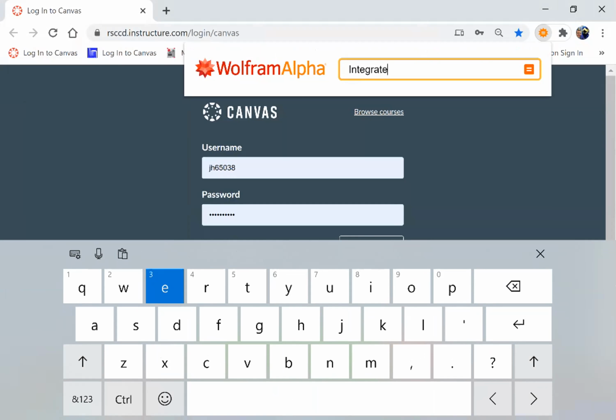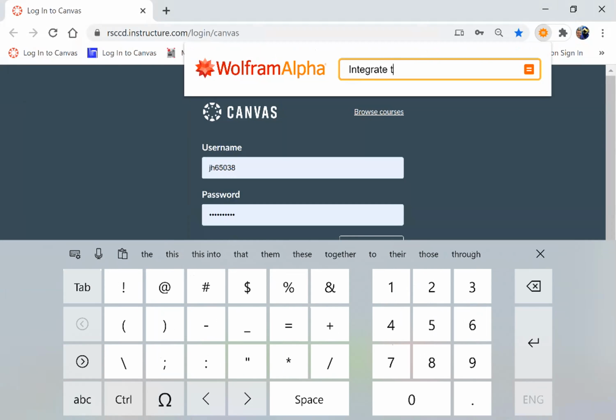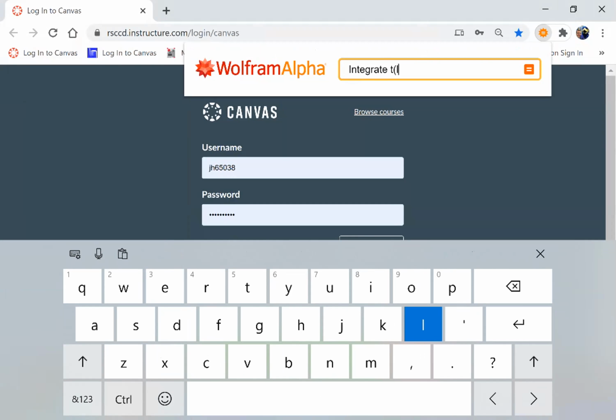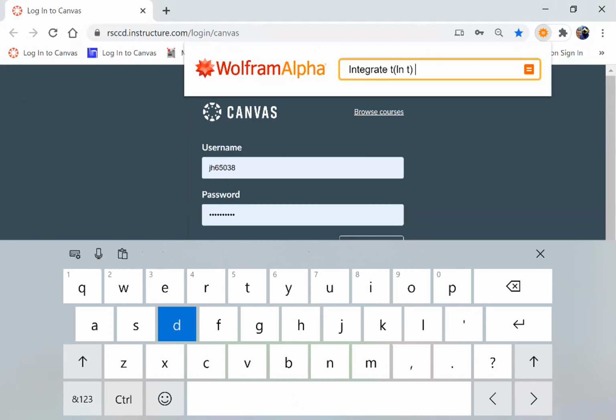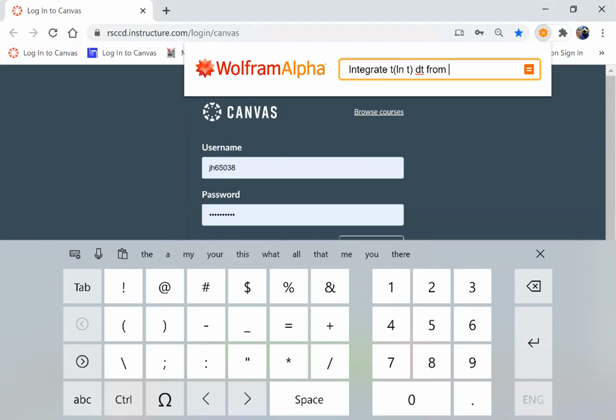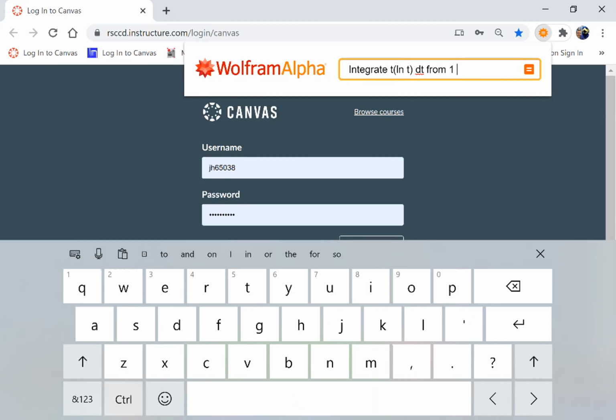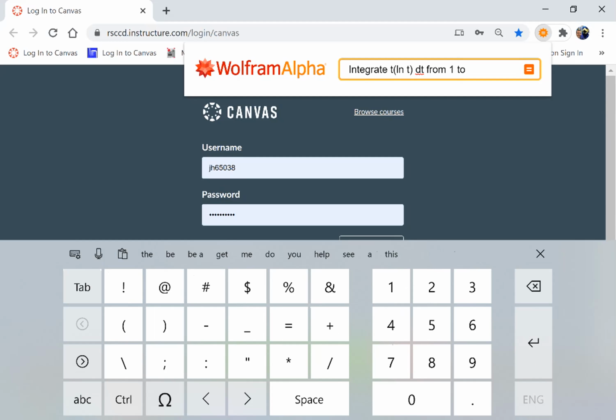Integrate t ln of t dt from 1 to 6. Enter.